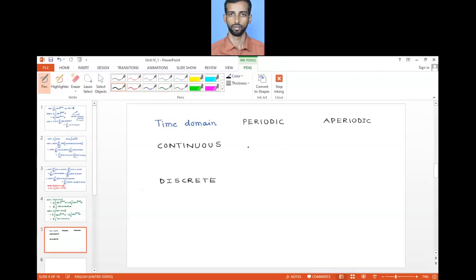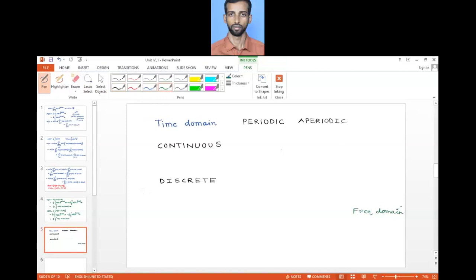Similarly, in the frequency domain, it can be periodic as well as aperiodic or non-periodic. Similarly, in the frequency domain, if I like to observe the behavior of the signal, the signal can be discrete as well as continuous.